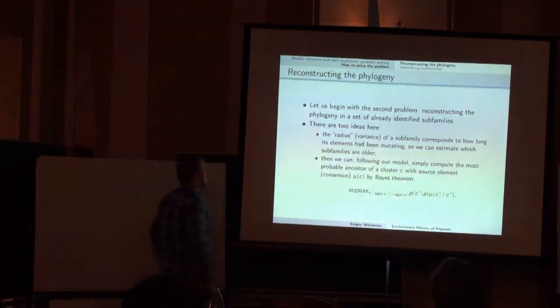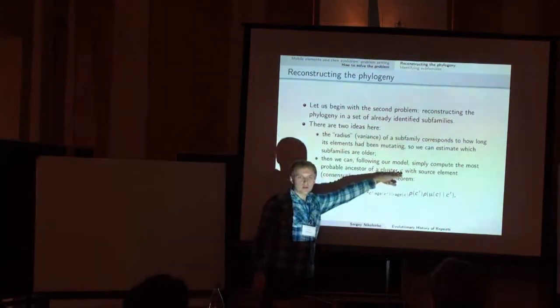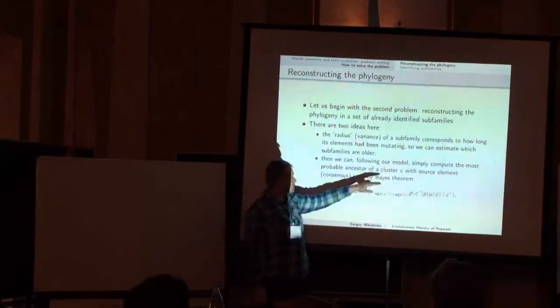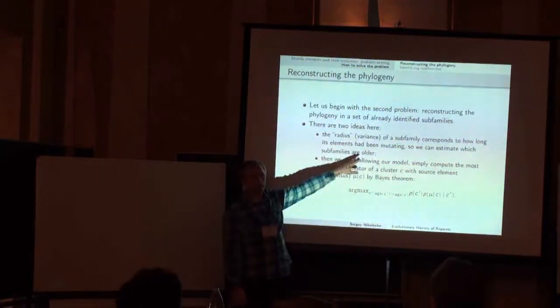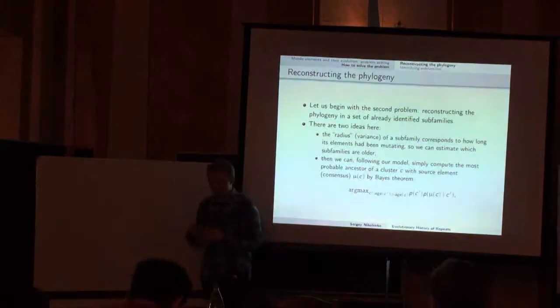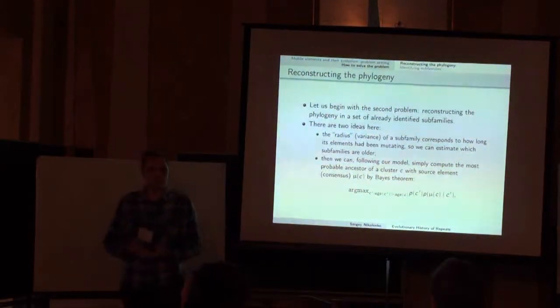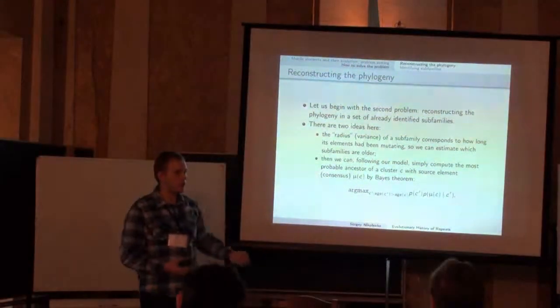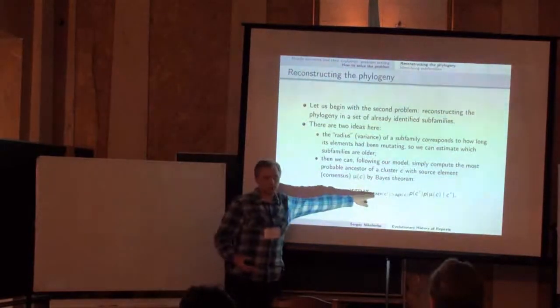And once we have this ordering, then it is a simple application of the Bayes theorem, which is that for every subfamily, for every cluster C, we simply find the maximum a posteriori hypothesis. We find the subfamily which has the maximal probability, which is the most probable ancestor of this cluster among the subfamilies which are older, right?